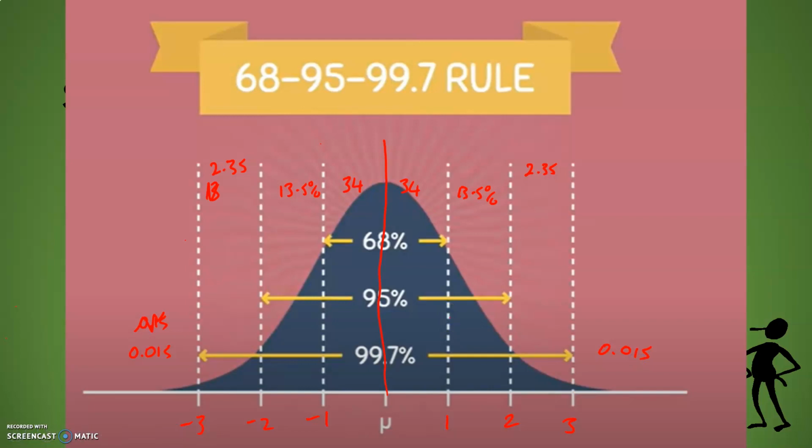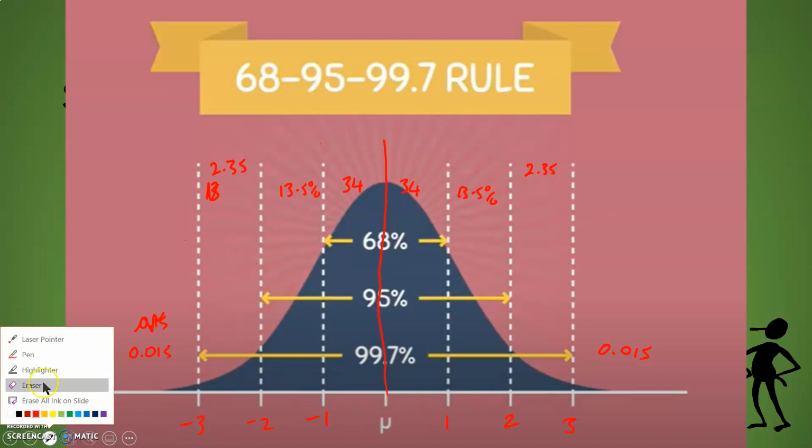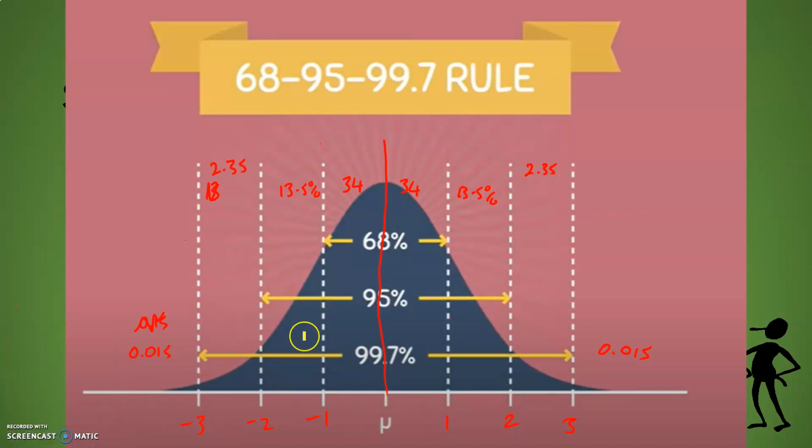So the real power of that is that if you wanted to know between 1 standard deviation below and 1 standard deviation above this area, then we could just add 34 and 34 together and then add 13.5.